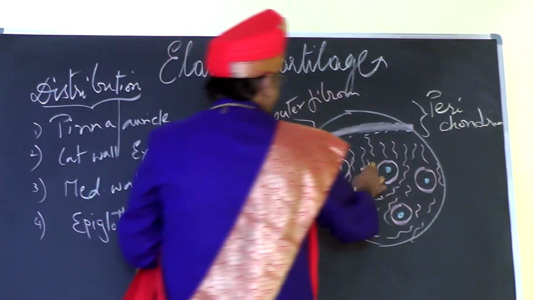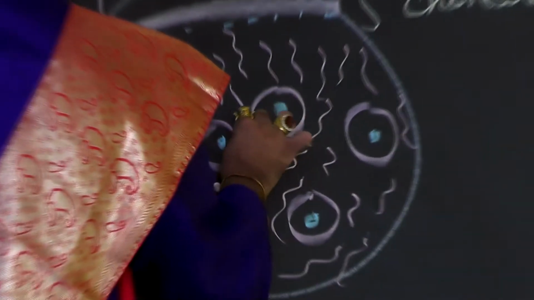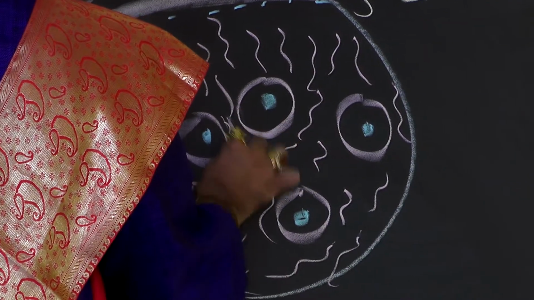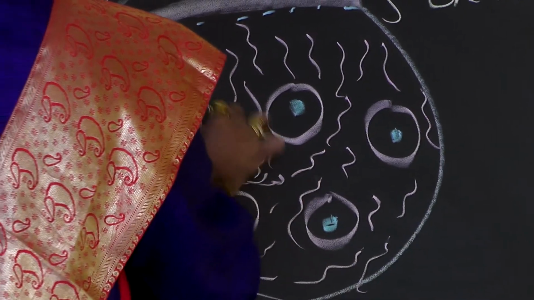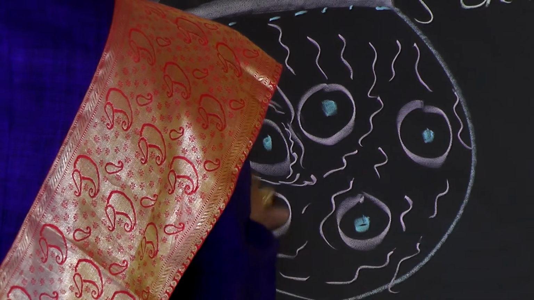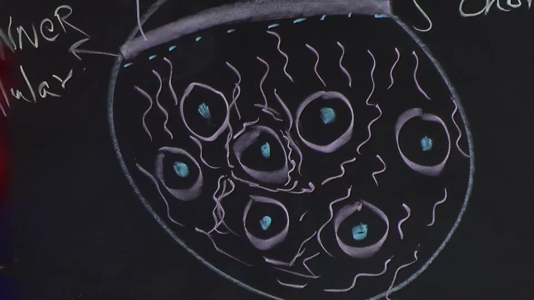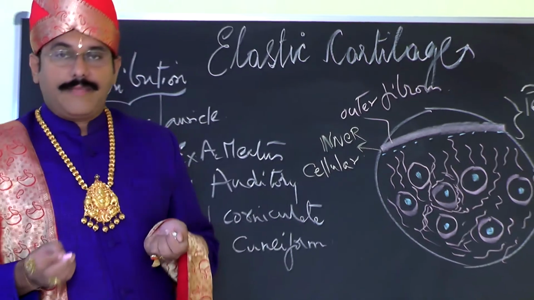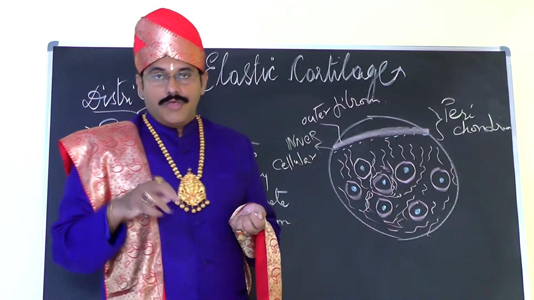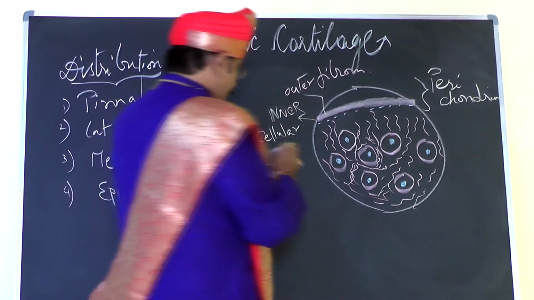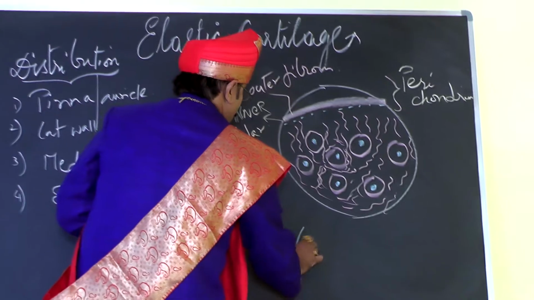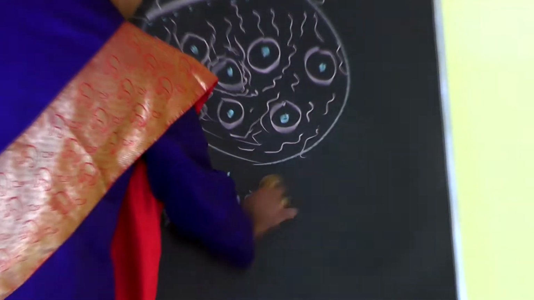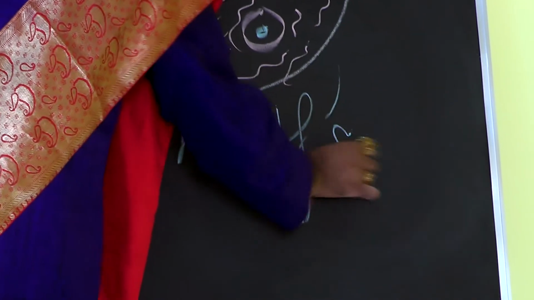Surrounding the chondrocytes there is a lacuna, a space, and around this space you have so many elastic fibers. In hematoxylin eosin sections, we are not able to appreciate the elastic fibers. You use a special staining technique called Verhoeff's method.